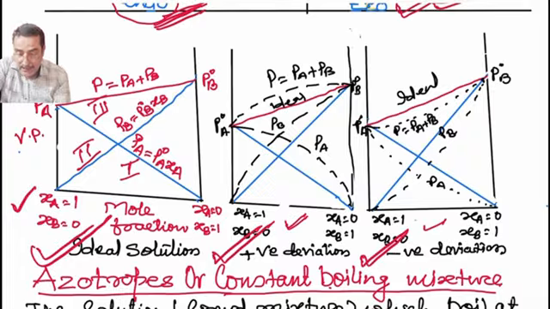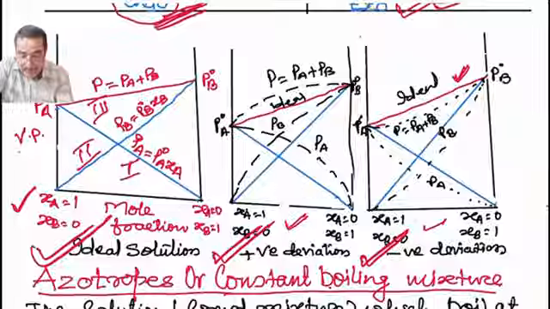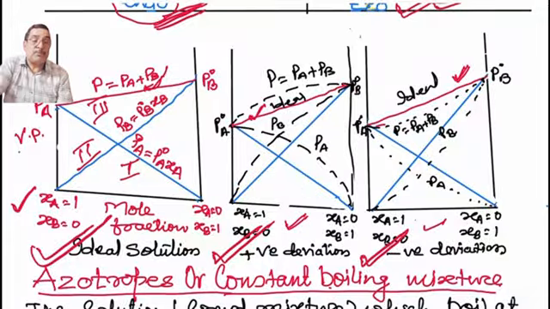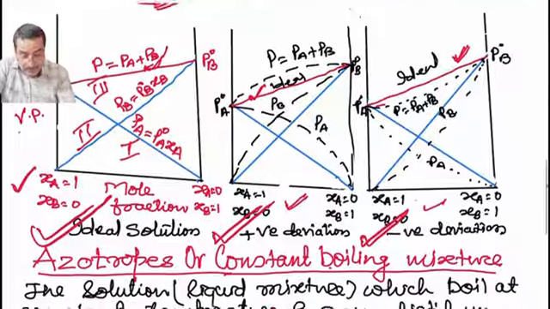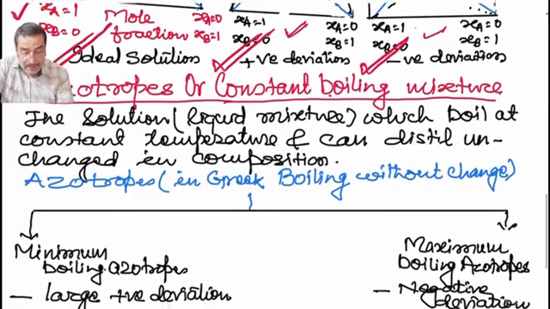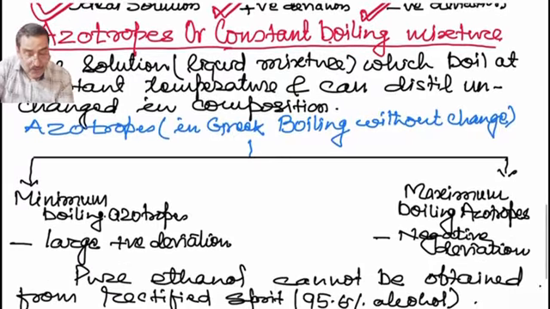In all the cases, the red line is the indication of ideal behavior, but there is a change in the graph which easily explains why they show positive deviation and negative deviation. The last topic of this part 3 is azeotropes, or constant boiling mixtures.